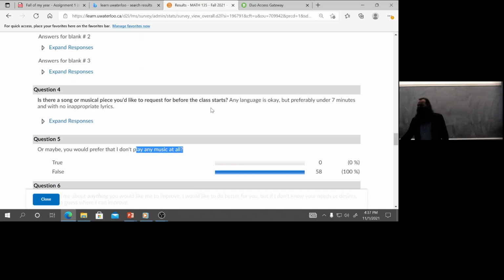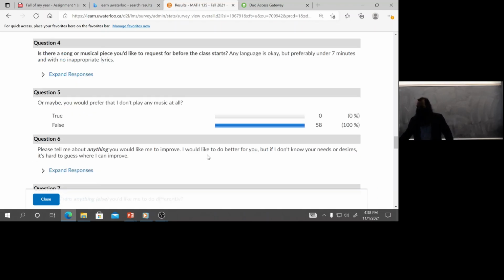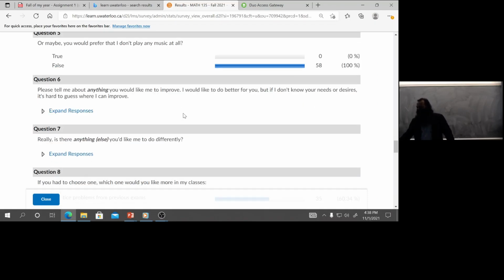I'm trying to do that to pump everyone up so that after a whole day of boring classes, everyone's pumped up. And it seems like no one actually said that they want me to stop playing music. So that's a surprise, and that means that what I've been doing all along works. I was really worried that people might not like the music. So I'm happy that I can continue to do that. There's no one that said that they want me to stop.